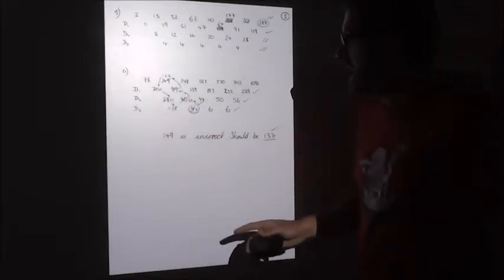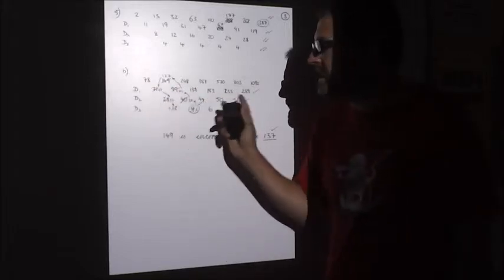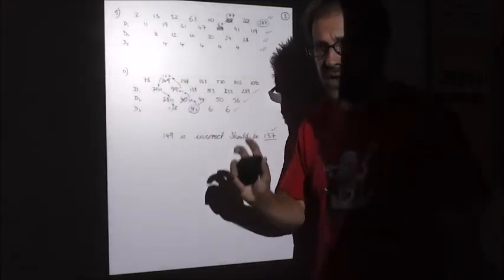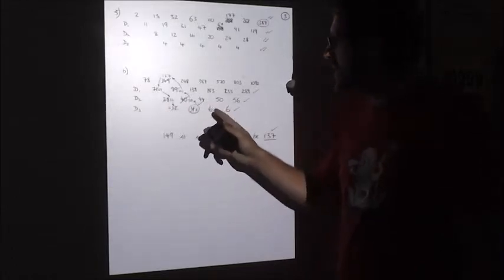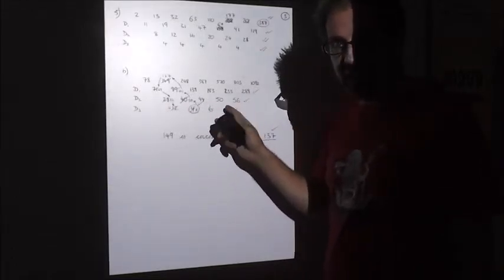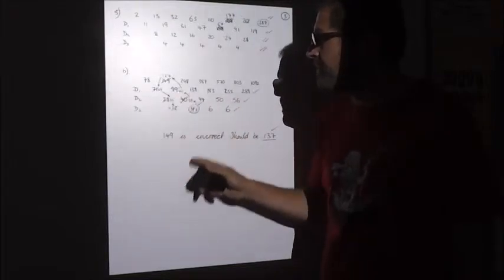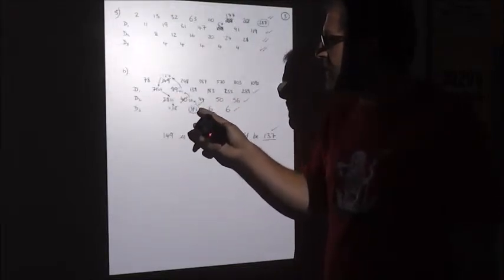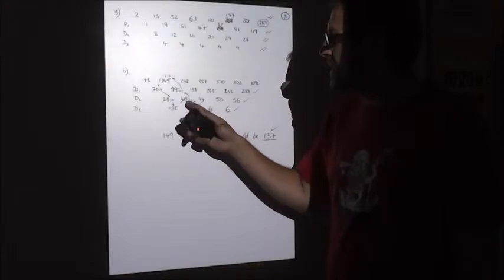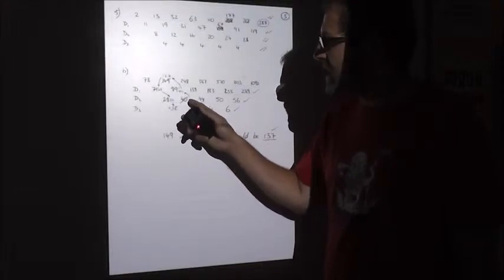Lots of marks there. For part B, if you find D1, D2 and D3, so do all the differences, you'll spot that these two are 6, which means the third difference should be 6 every time. So if I made that one 6, the difference here would be 6, so that should be 38.